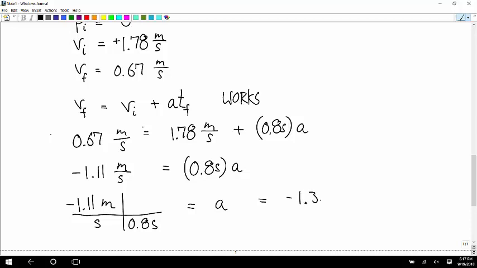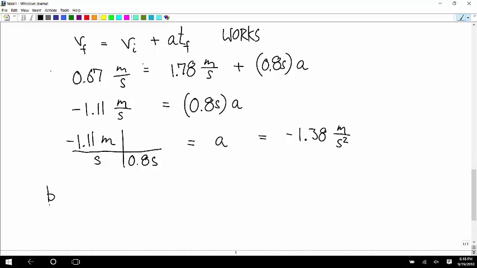Negative 1.38, and the units are meters per second squared. Does it make sense that the acceleration is negative? Yeah, because the velocity is positive, slowing down from 4 miles per hour to 1.5 miles per hour. If it's slowing down, velocity and acceleration are in opposite directions.